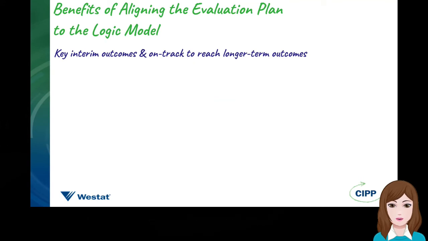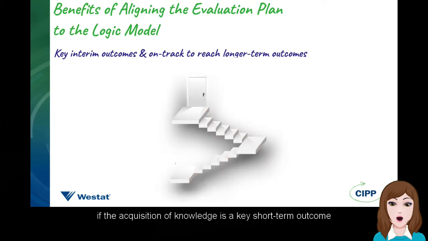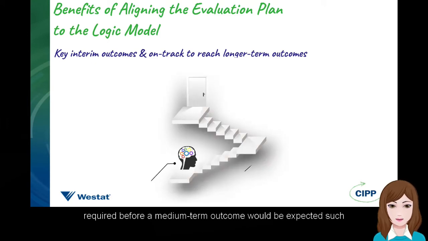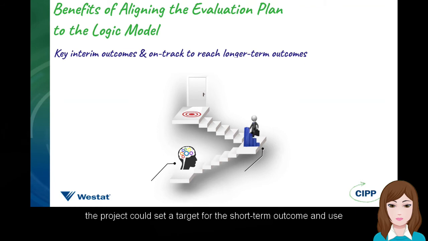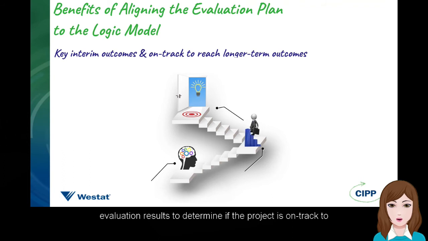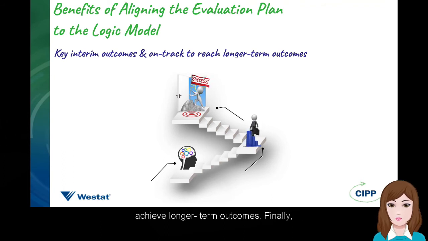For instance, if the acquisition of knowledge is a key short-term outcome required before a medium-term outcome would be expected, such as a change in adult behavior, the project could set a target for the short-term outcome and use evaluation results to determine if the project is on track to achieve longer-term outcomes.